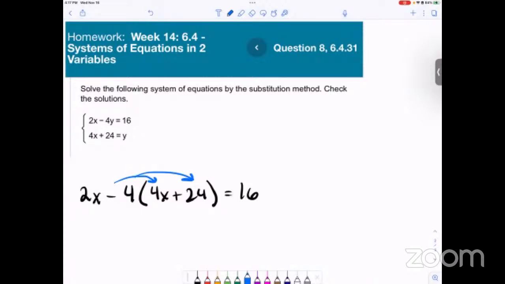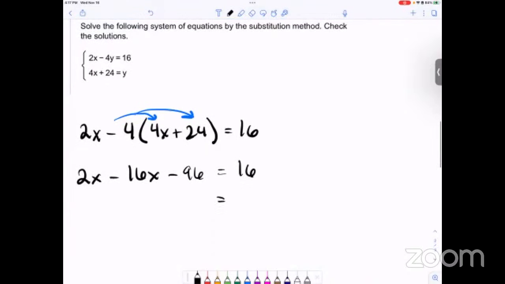We get 2x minus 16x. 80 plus 16 is 96. So minus 96 equals 16. If we add 96 to both sides, 90 plus 10 is 100 plus 12, 112, right?